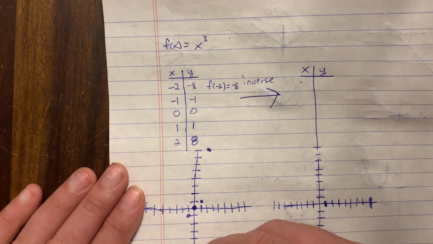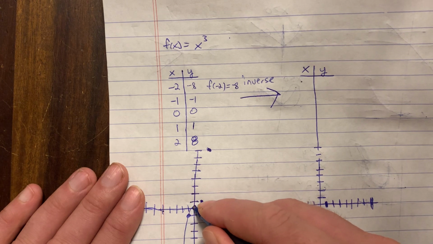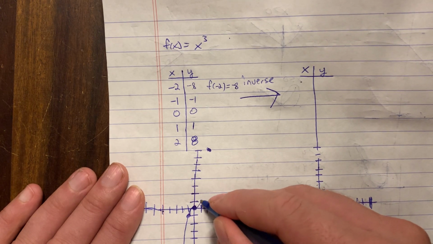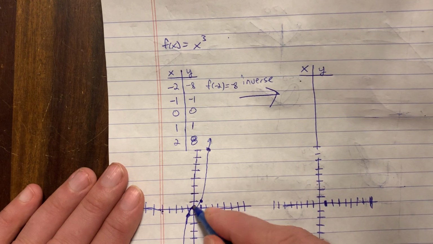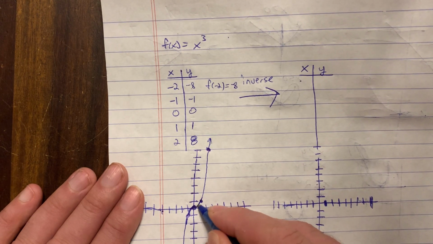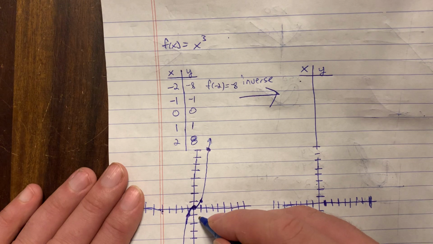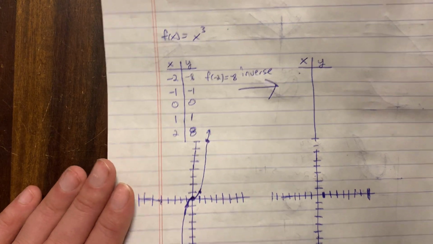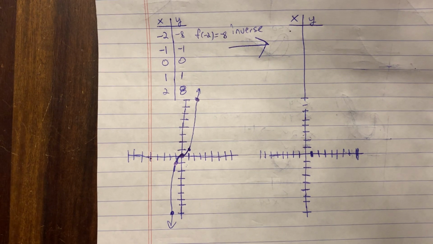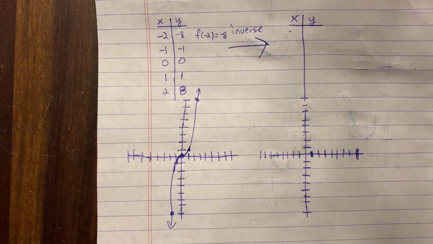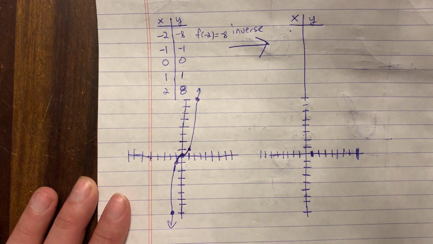And let's recall that it has this point where it changes from being concave down to concave up. This is called the inflection point at (0, 0). The question is, is this a one-to-one function? And the answer is yes, it is a one-to-one function. No y values repeat anywhere. And so the inverse will be a function.